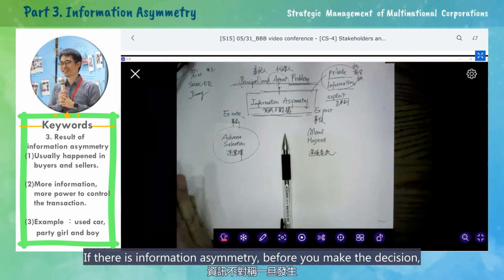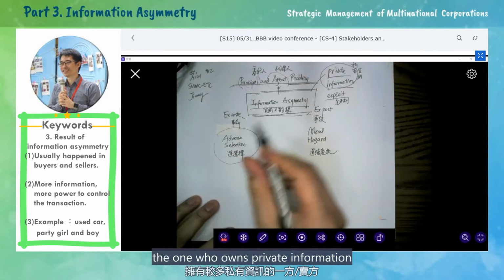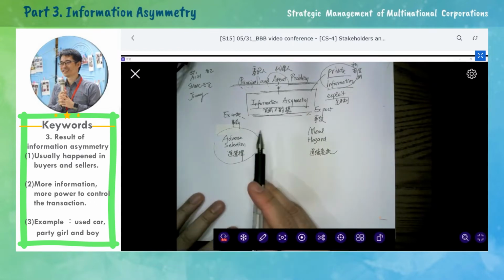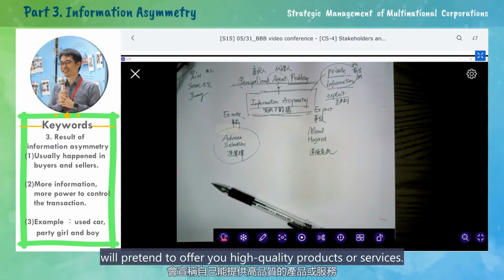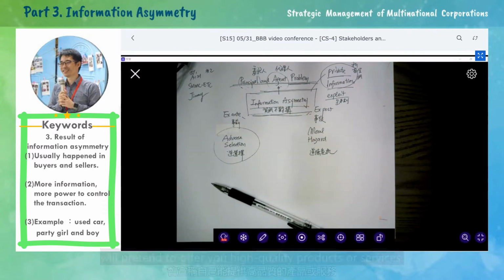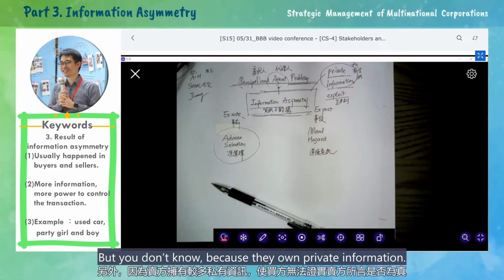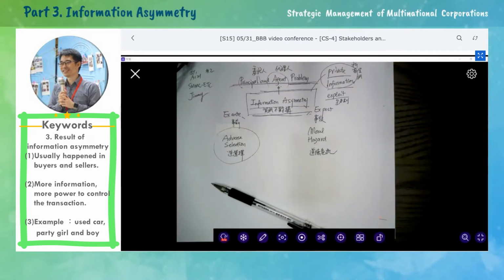If there is an information asymmetry, before you make the decision, the one who owns private information will pretend to offer you a high quality product or service, but you don't know because they own the private information. You are not aware of complete information of this transaction.